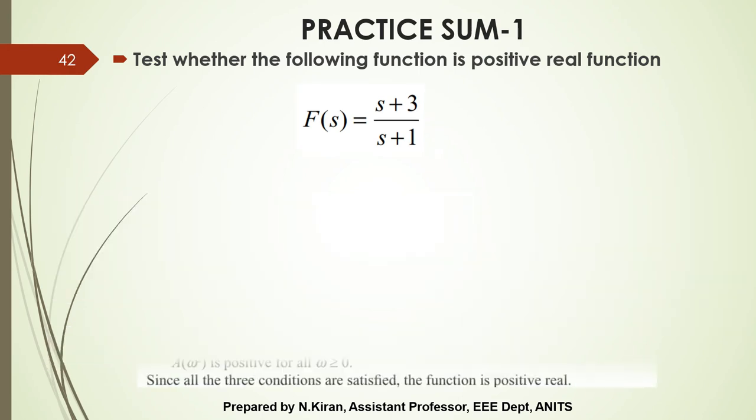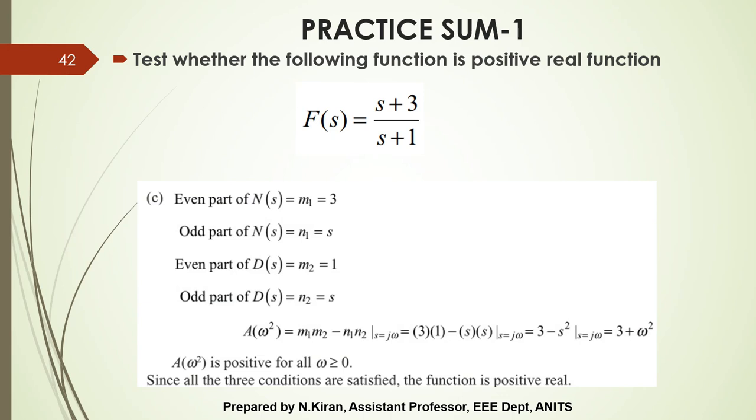So finding the even part and odd part of both numerator and denominator polynomial and substituting the values in m1 m2 minus n1 n2, and again substituting s equal to j omega, in this case it is 3 plus omega square. So obviously it is positive for all omega greater than or equal to 0. It is a positive real function.